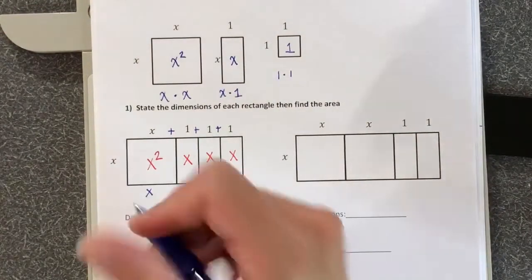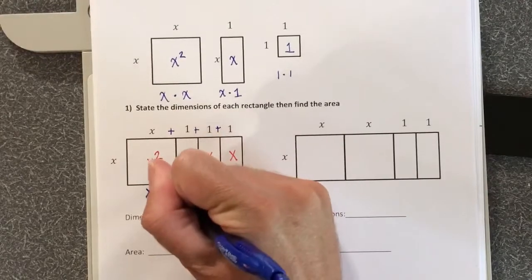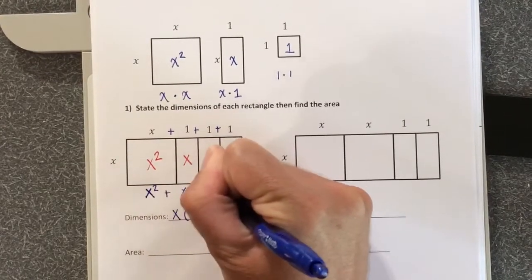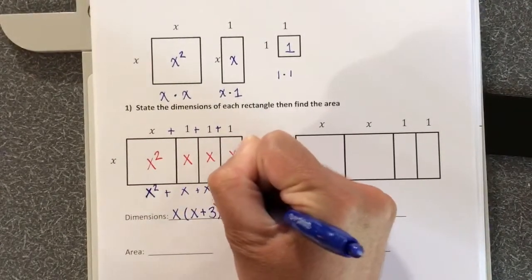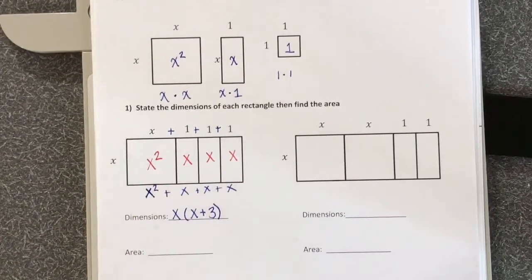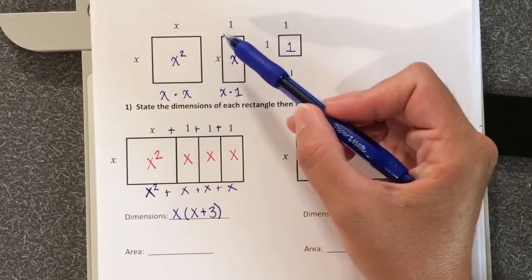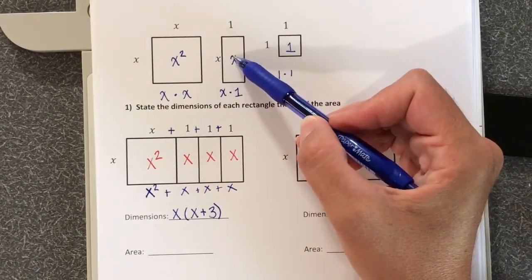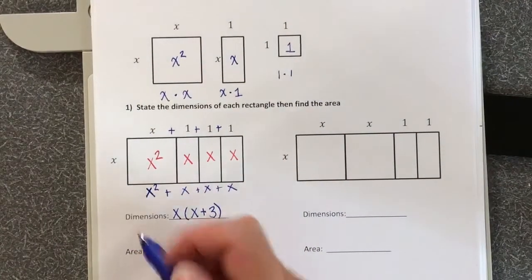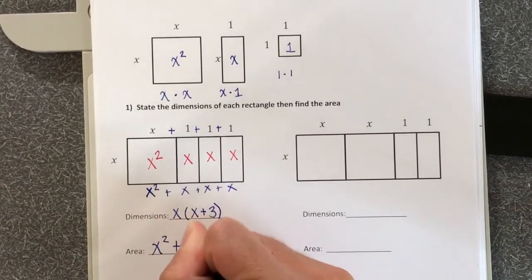So I have a total area of x squared plus x plus x plus x. If you go back to what we talked about earlier with our tiles, notice I have an x squared tile and 3 x tiles. So I have a total area of x squared plus 3x.